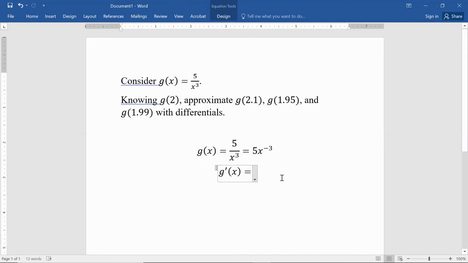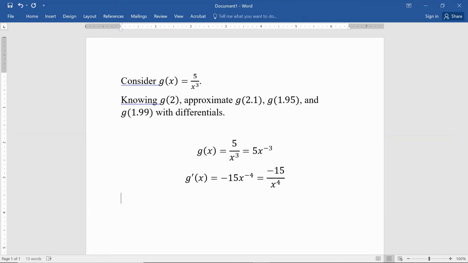The derivative becomes negative 15 x to the negative 4th, which, if you'd like to rewrite again in fraction form, is going to be negative 15 divided by x to the positive 4th. So whether you're more comfortable dealing with negative exponents or positive exponents, either way is okay.